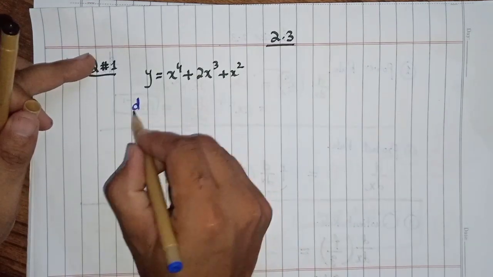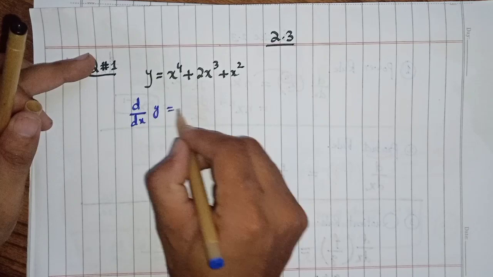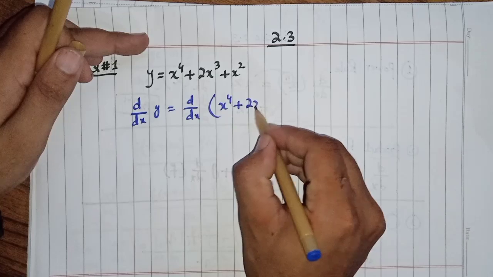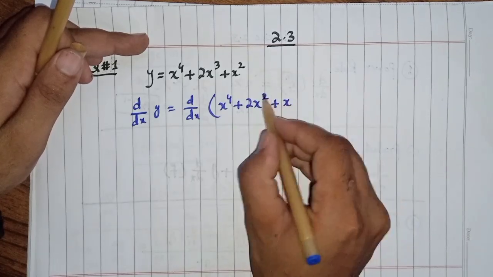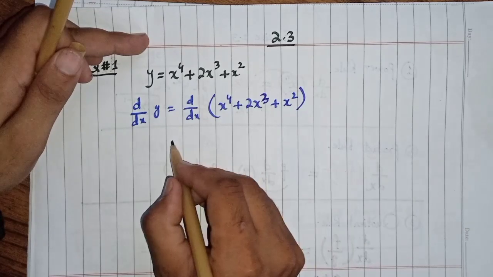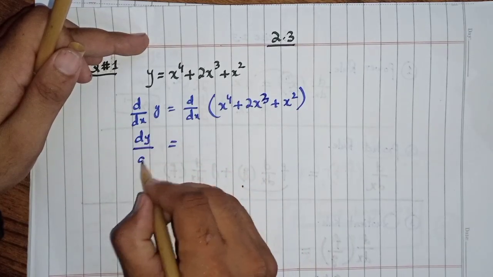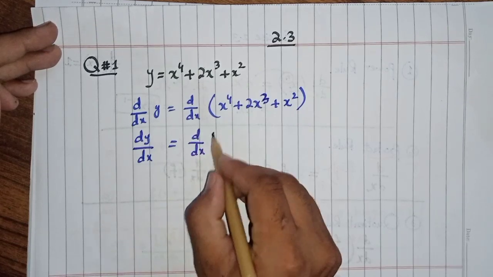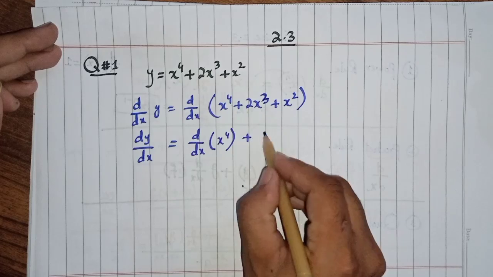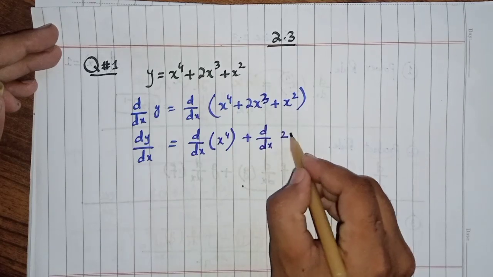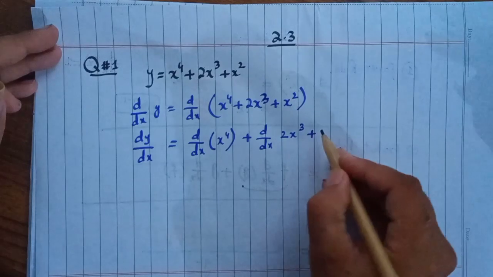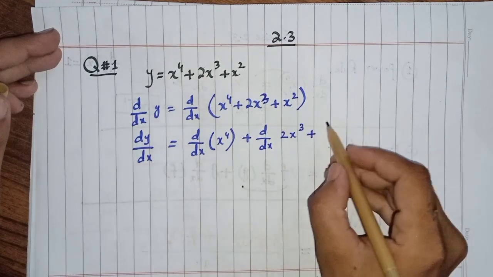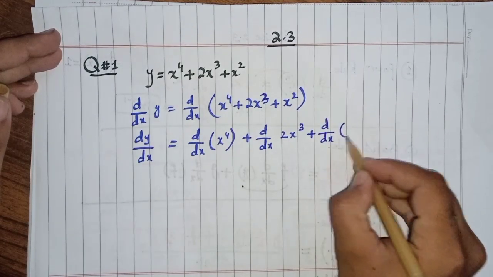So d over dx of y will be equal to d over dx of x raised to the power 4 plus 2x raised to the power 3 plus x squared. The left side will be dy over dx and the right side will be d over dx of x raised to the power 4 plus d over dx of 2x raised to the power 3 plus d over dx of x raised to the power 2.